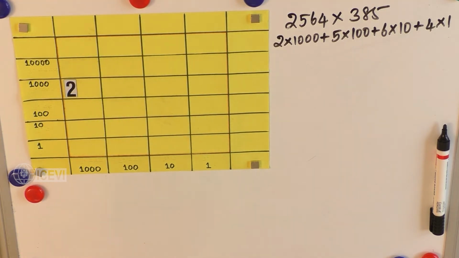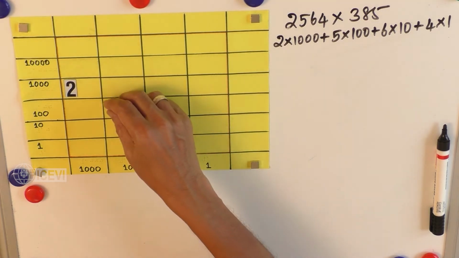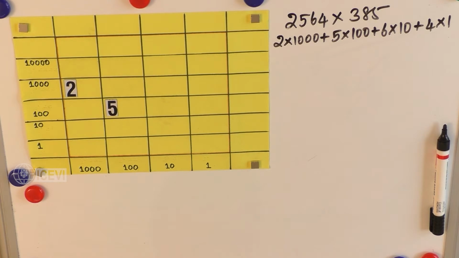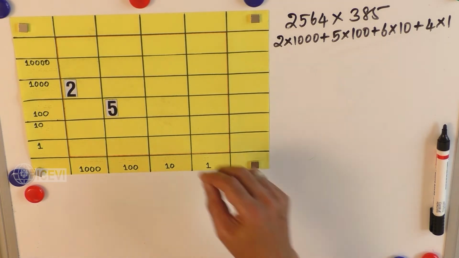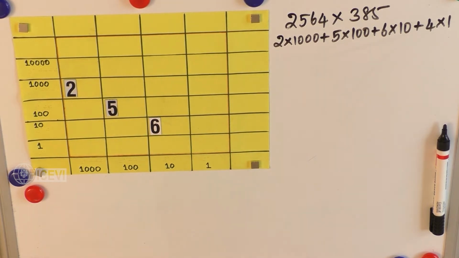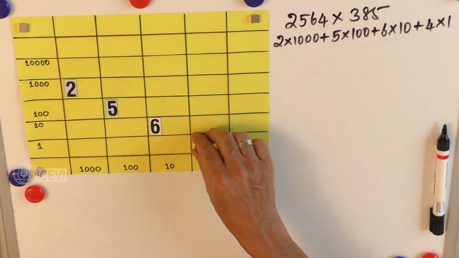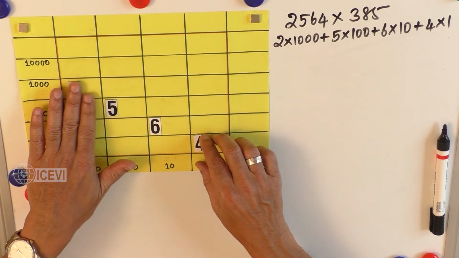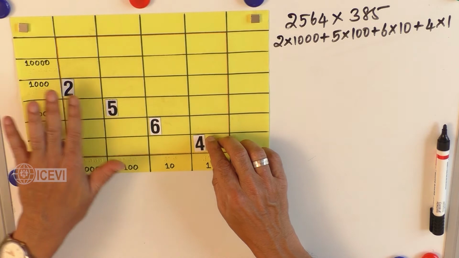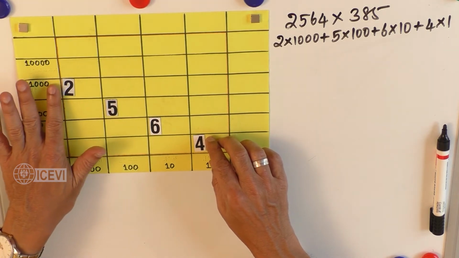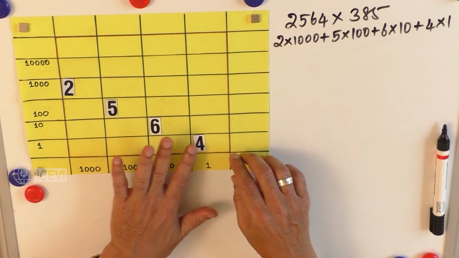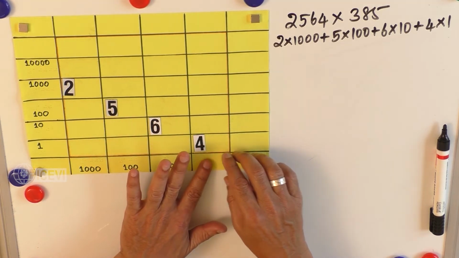Now 5 must be placed in the 100th column. 6 must be placed in the 10th column, and the 4 must be placed in the unit column. Now let the child find out the place value of each number. 2 in the 1000, 5 in the 100, 6 in the 10, 4 in the 1.